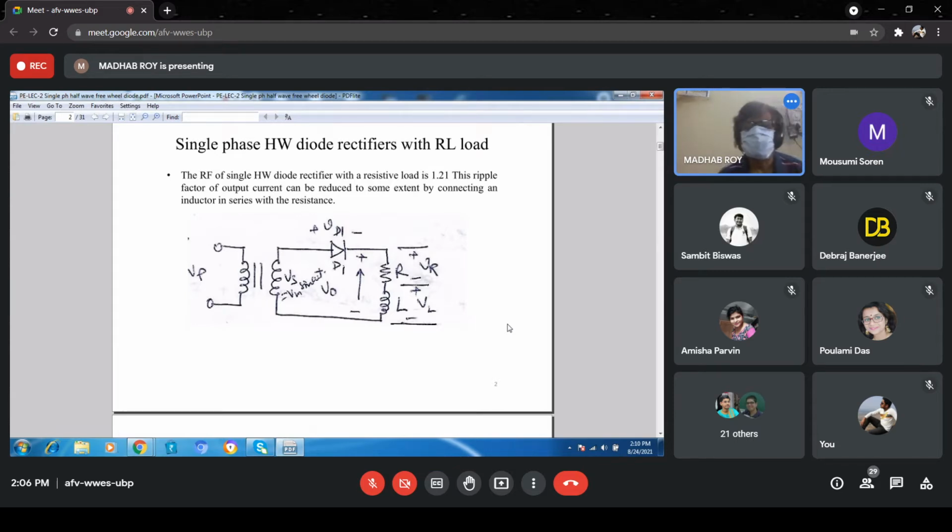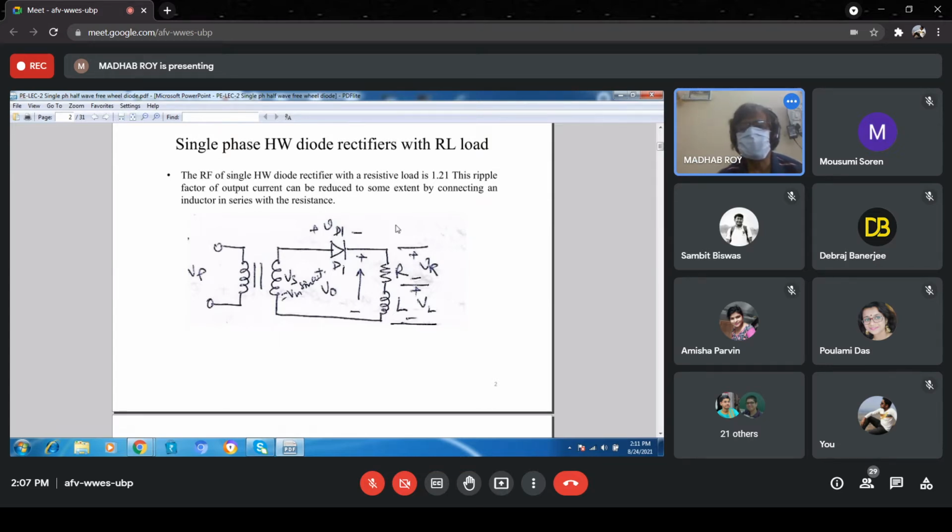Now, what is the property of the inductance? The basic property of the inductance is that it will oppose the rate of change of current with respect to time.